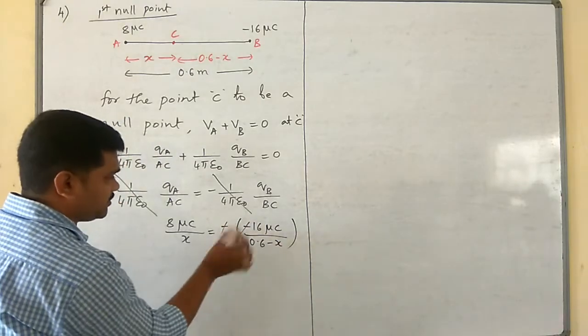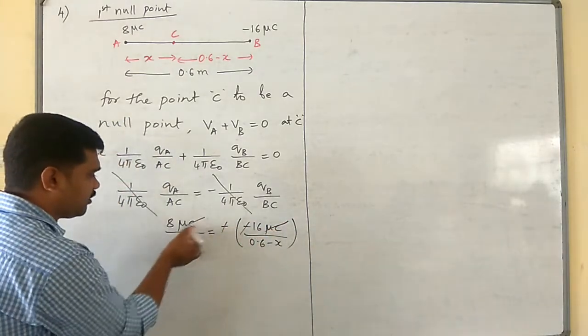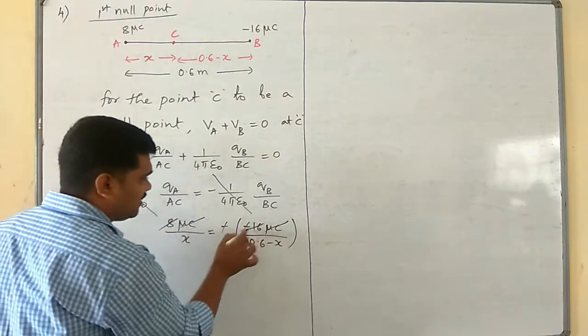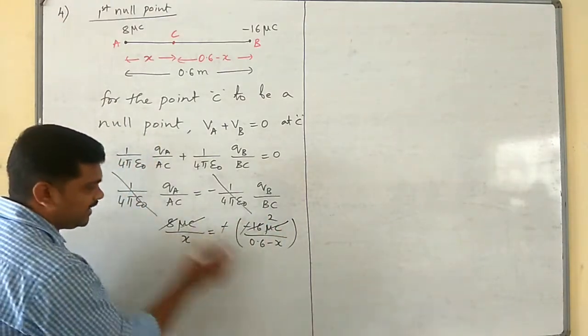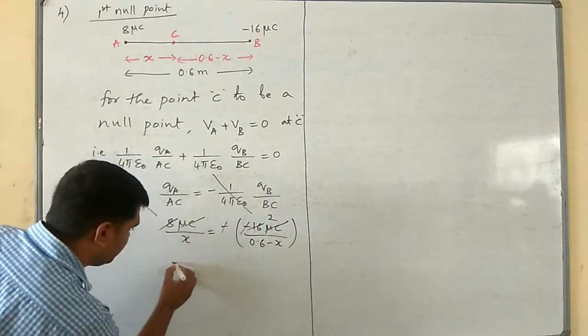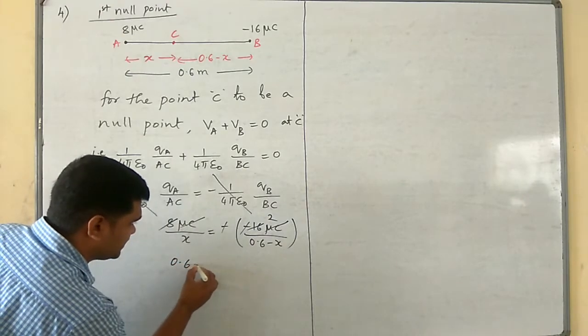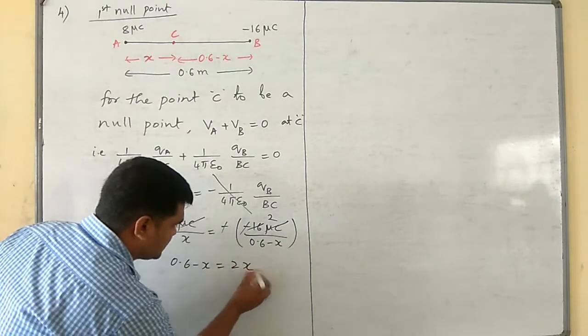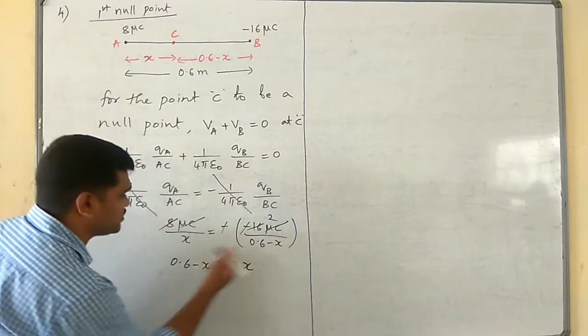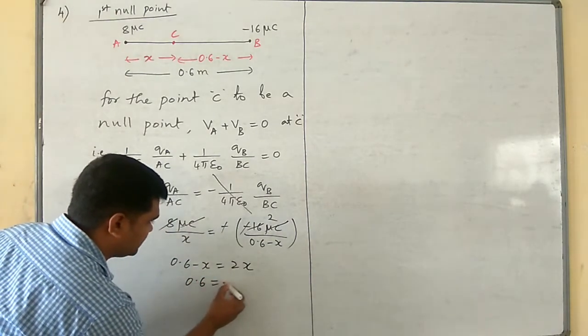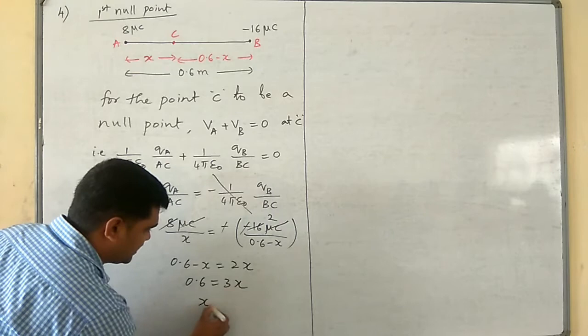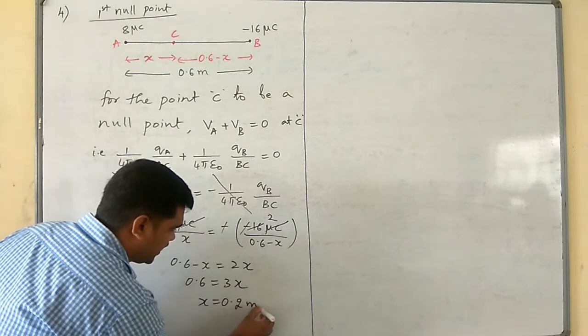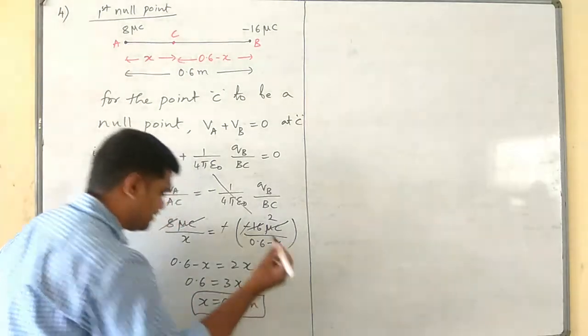Minus into minus is plus, microcoulomb cancels. Directly I will cross multiply here: 0.6 minus x is equal to 2x. Transfer this x to that side, it becomes 0.6 is equal to 3x, or x is equal to 0.2 meter.